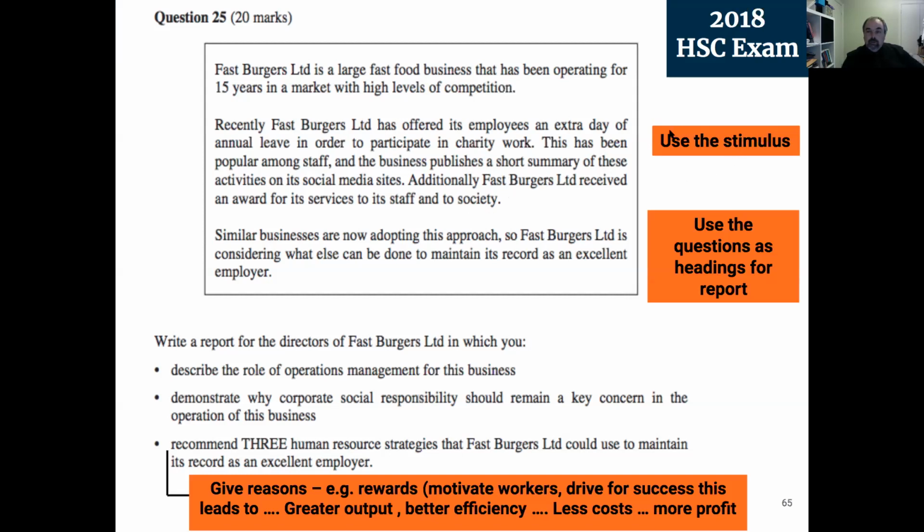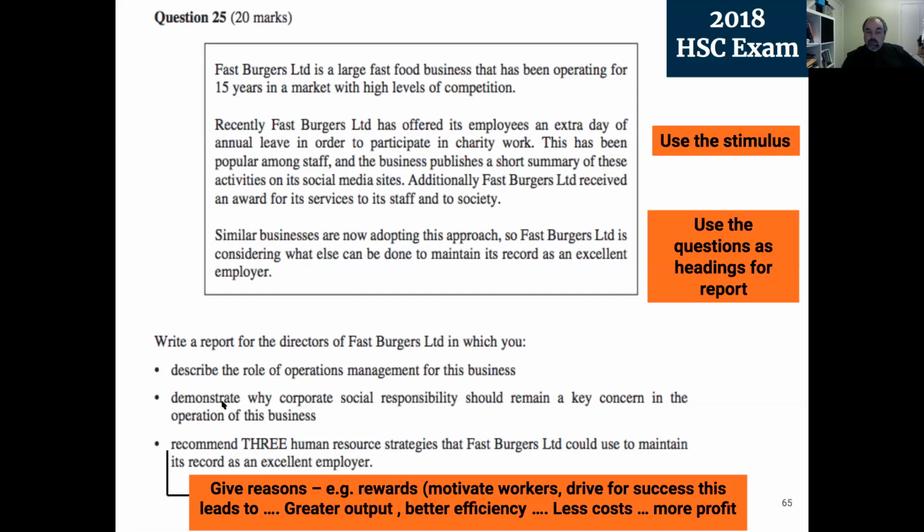So I've just identified here, use the stimulus, highlight, underline aspects of it, use the questions as headings for your report. So what would be our headings in our report after our executive summary would be to describe the role of operations management. So that could just simply be the role of operations management.